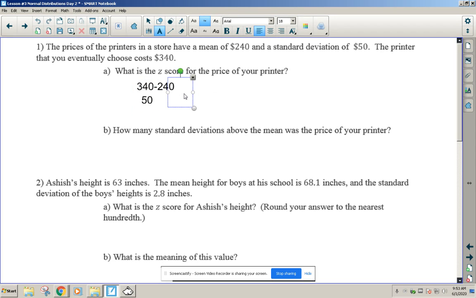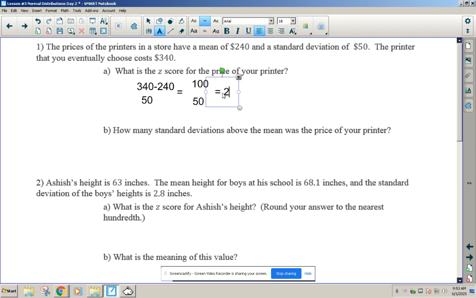And that is going to equal 100 over 50, which will give you a z-score of 2. And that's a positive 2.